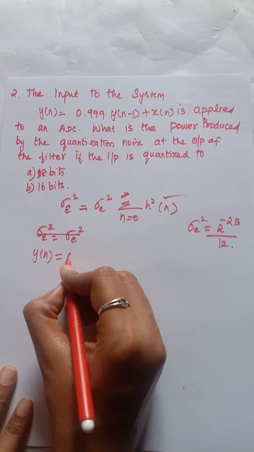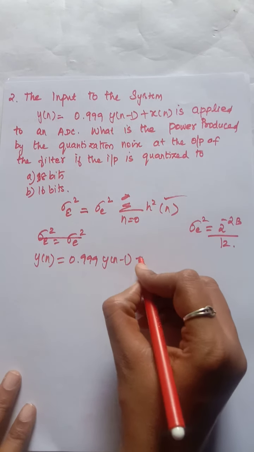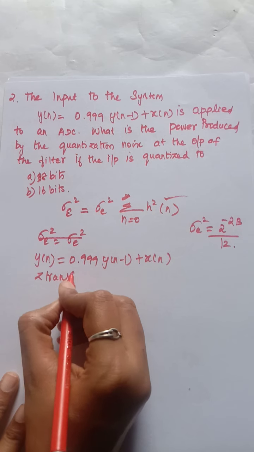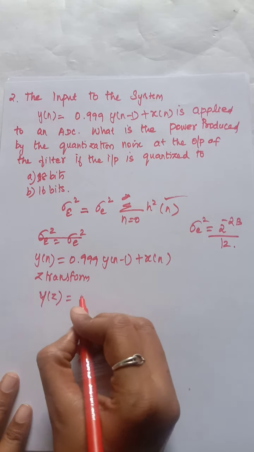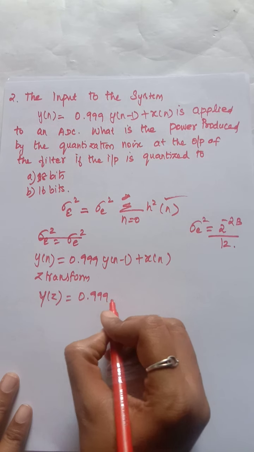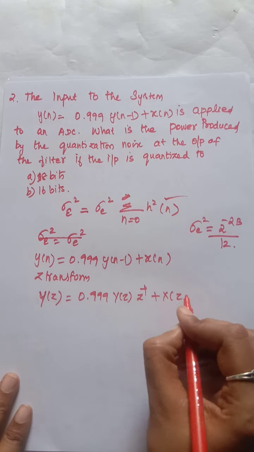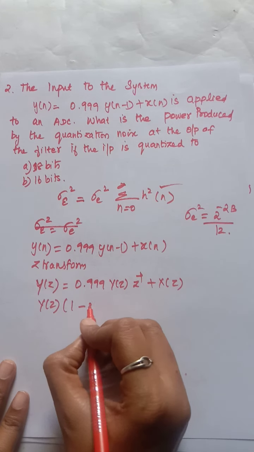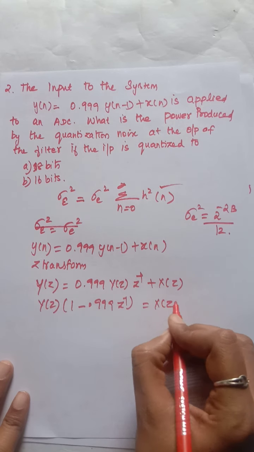So y of n is equal to 0.999 y of n minus 1 plus x of n. By taking the z transform, Y of z is equal to 0.999 z power minus 1 Y of z plus X of z. So Y of z times 1 minus 0.999 z inverse equals X of z.